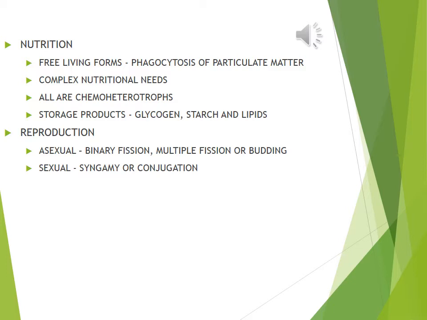Flagella and cilia, they are fine filaments which extend from the cell. They can be 1 in number, they can even go up to 8. And cilia are nothing but short thread-like extensions which are coming from the cell, and it helps in the movement of the protozoa.